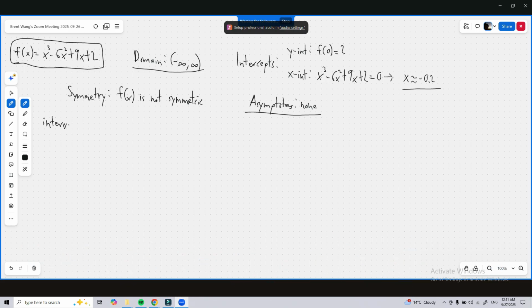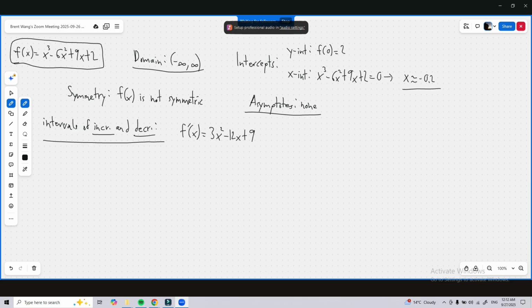Intervals of increase and decrease. So let's now look at the first derivative. F prime x is equal to 3x squared minus 12x plus 9.